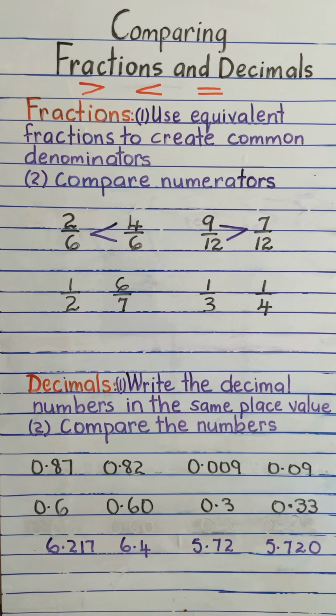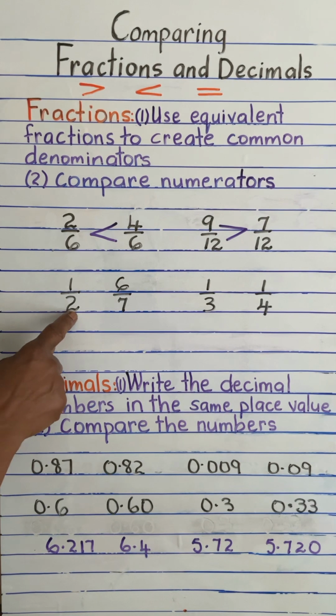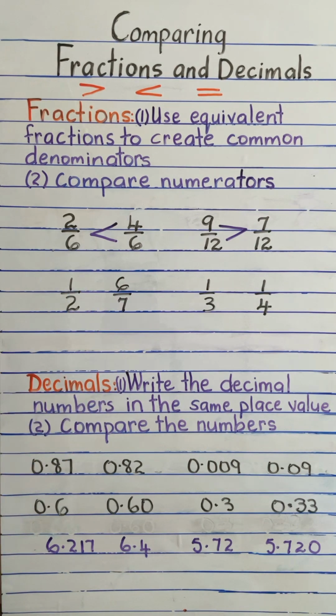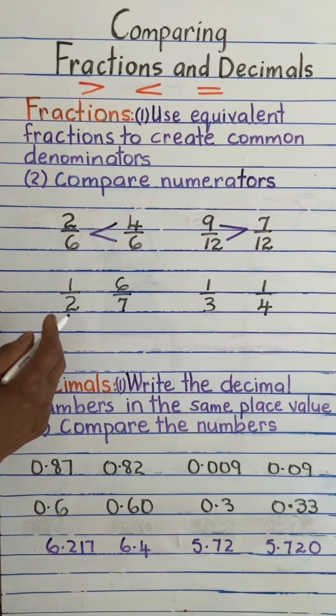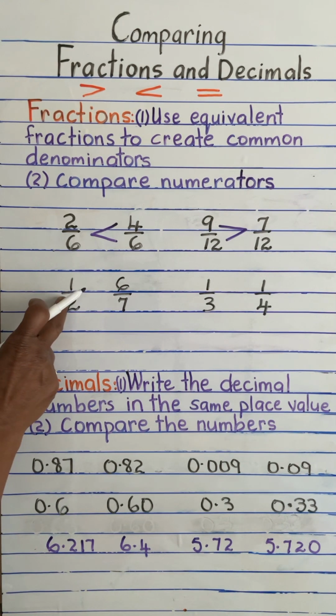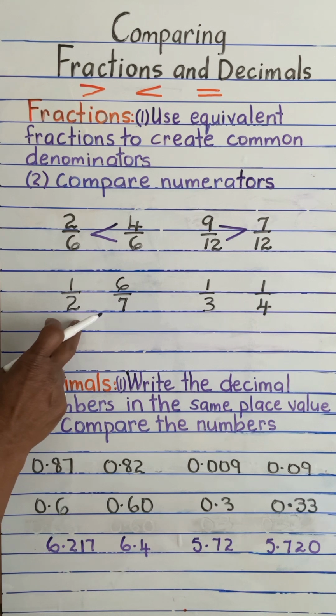Next, 1/2 and 6/7. Now the denominators are different, so we have to find a common denominator. The common multiple of 2 and 7 is 14. So we're going to bring these denominators to 14ths. What did we do to 2 to make 14?